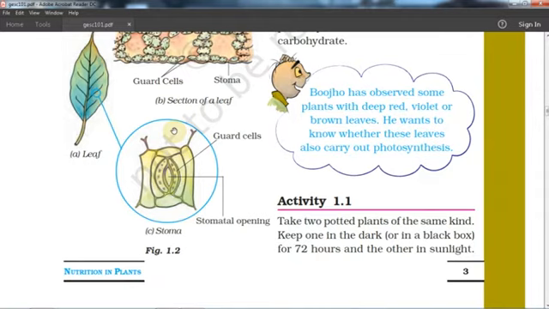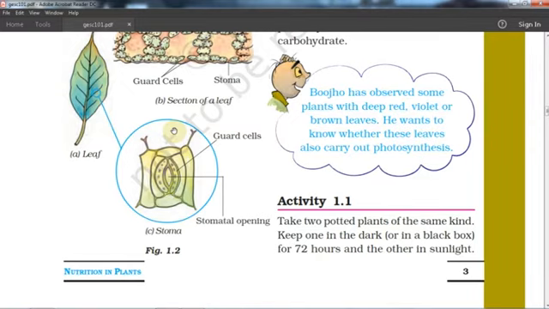Other than that, we have seen heterotrophic nutrition, in which an organism derives its food from a plant or another animal. Okay, so in conclusion of all those things, we have seen that every organism on this earth is directly or indirectly dependent on plants.